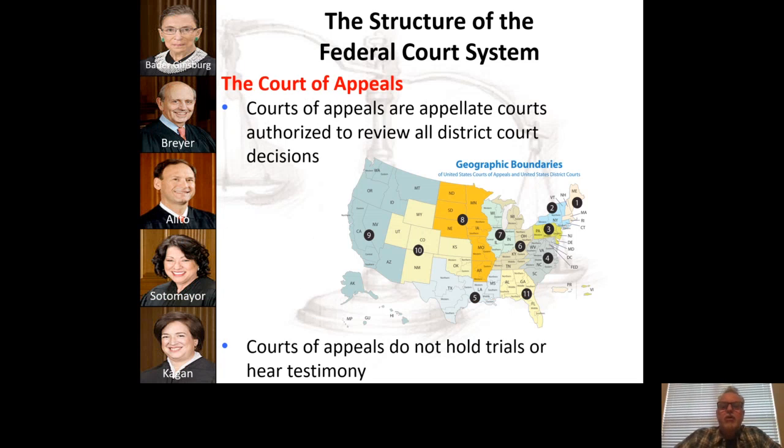This map here shows you the federal court system, in which you see 11 courts of appeal. Our court of appeal system, like if you have a trial in federal court, you can appeal your decision to Atlanta, Georgia, to the 11th Circuit Court of Appeals. You would do that if it's a federal court case.